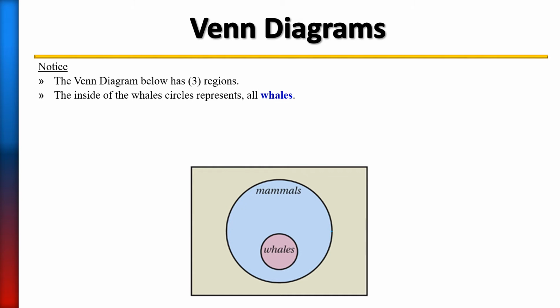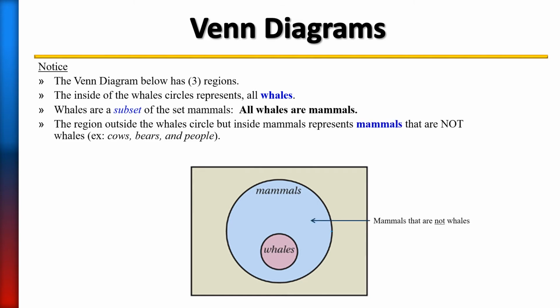And then the blue represents mammals. Okay, so notice that whales are a subset of the mammals. Within the mammals, we created a subset and said of those mammals, here's the whales. So we can conclude that since it is a subset of mammals, all whales are mammals.